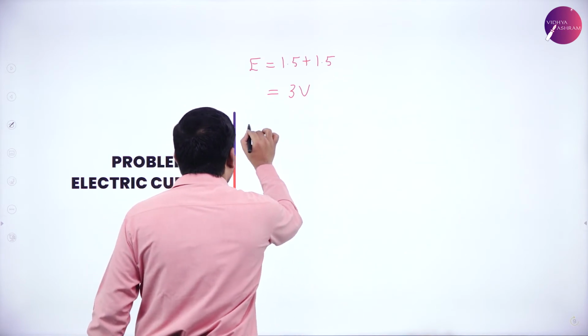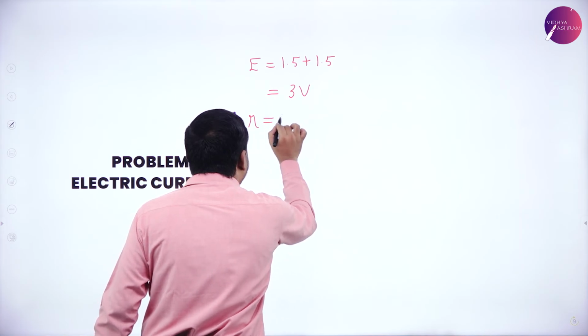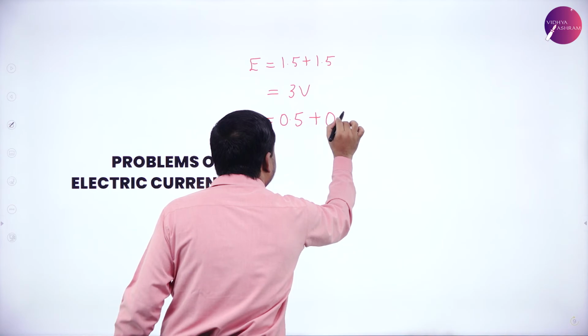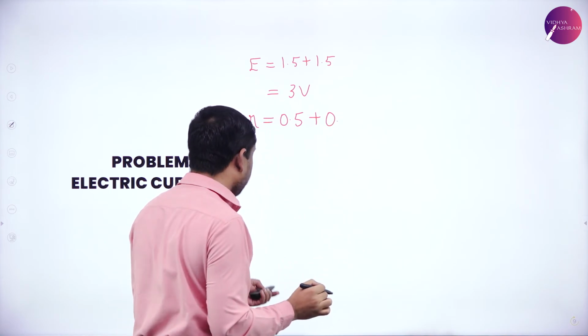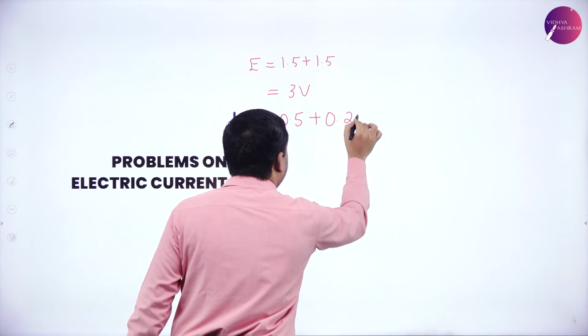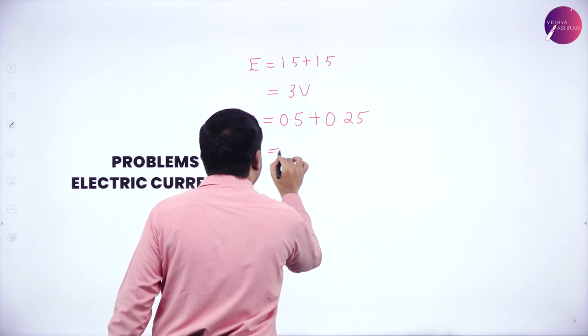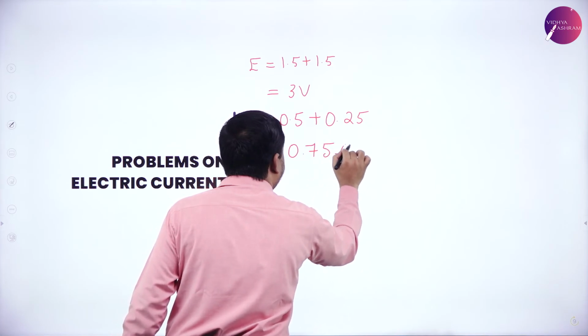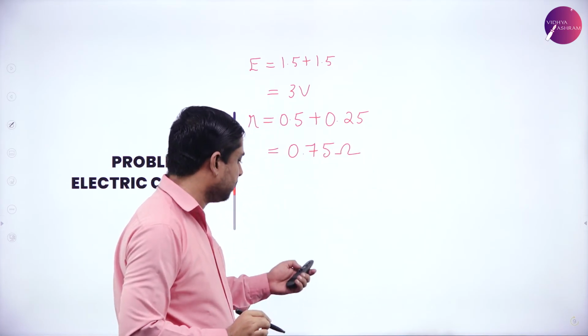So small r, total internal resistance, is 0.5 plus 0.25, which is equal to 0.75 ohm.